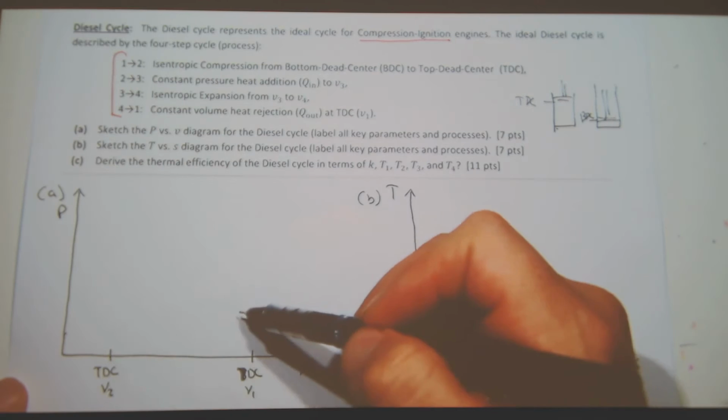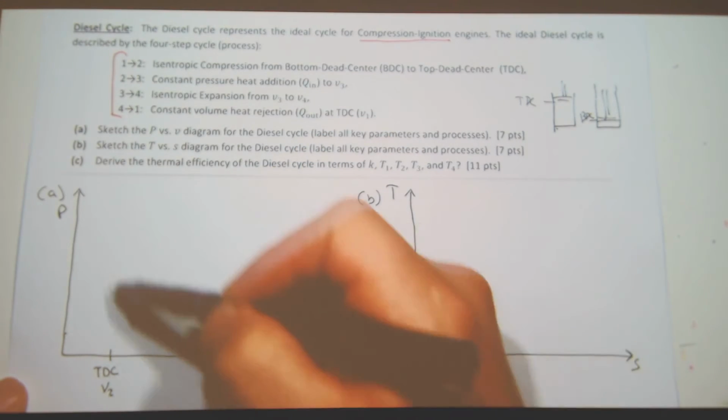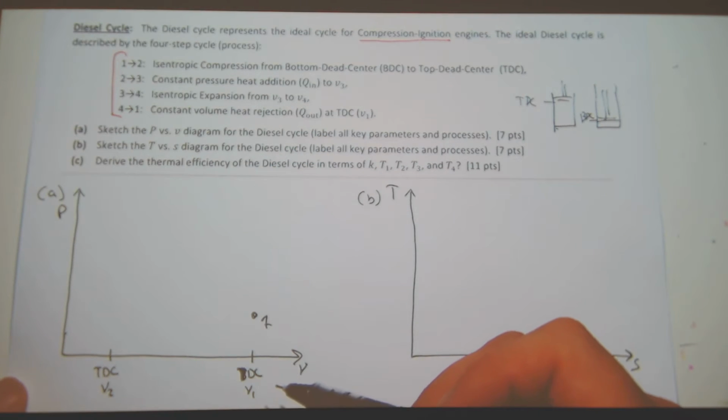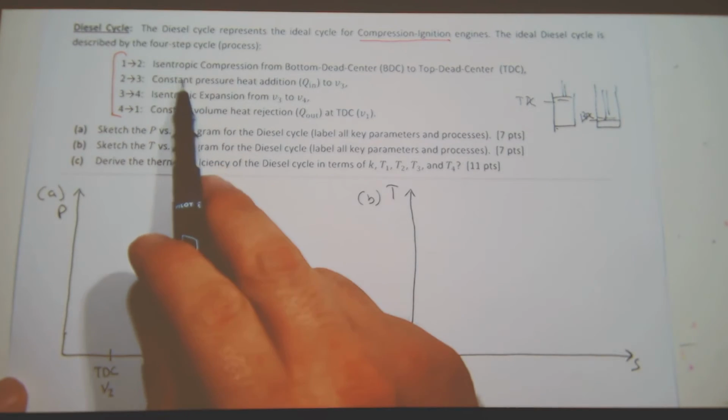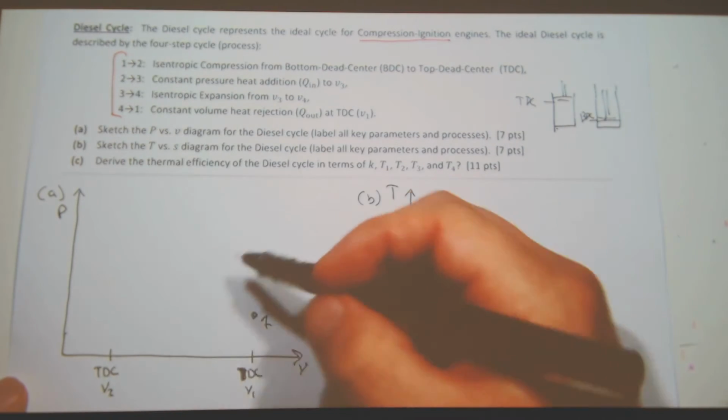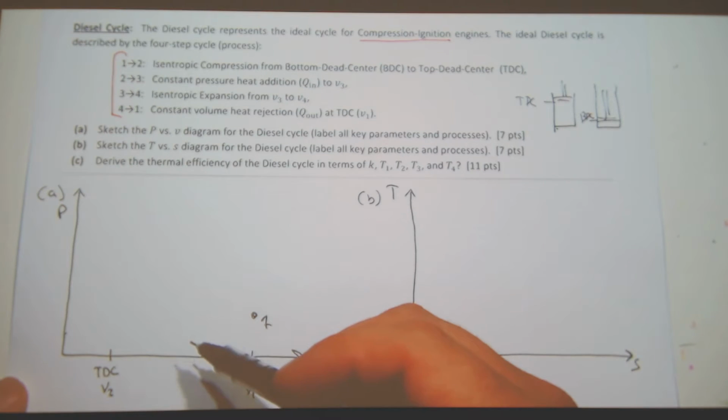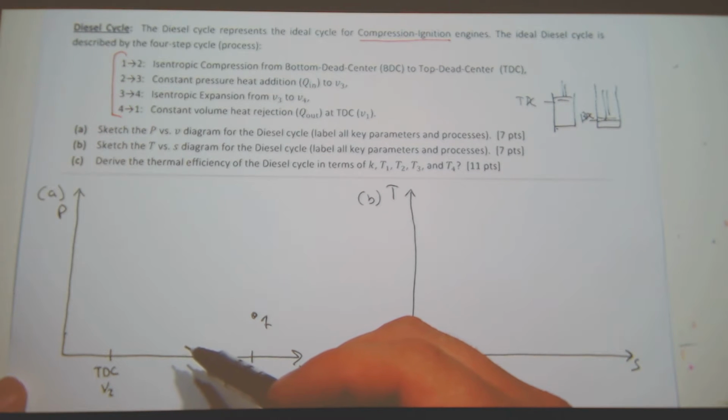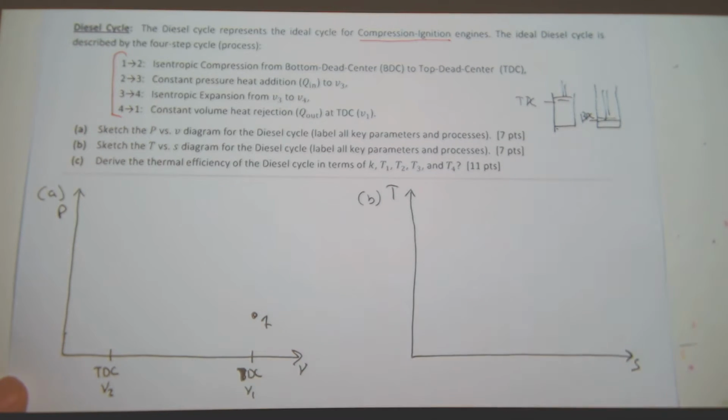Now I want to know, does the pressure increase or decrease as I do this isentropically? So even if my diesel engine is not represented by an ideal gas, I can just use the ideal gas law to give me the phenomenological trend.